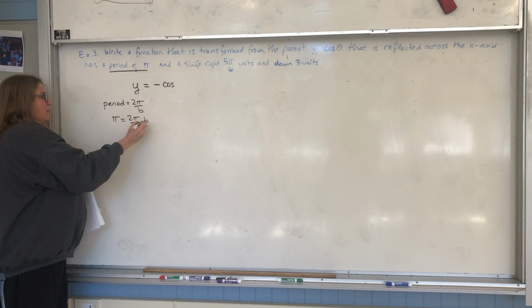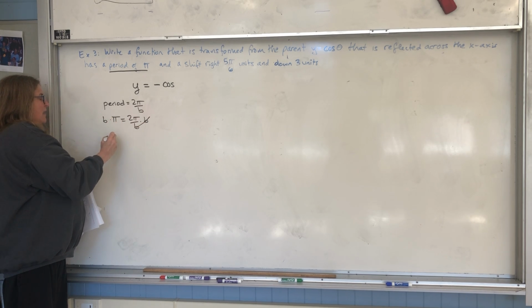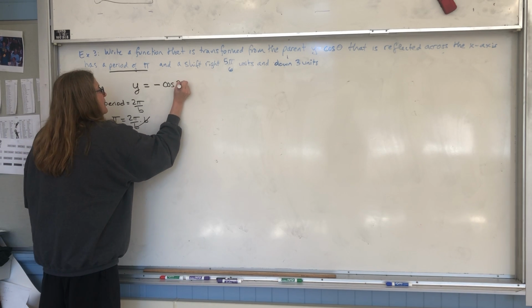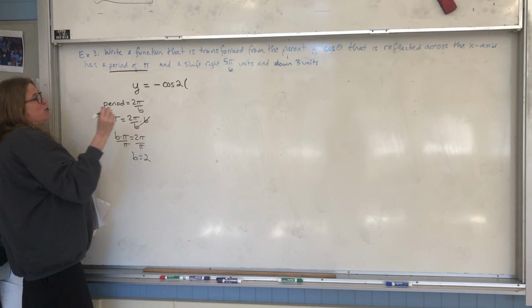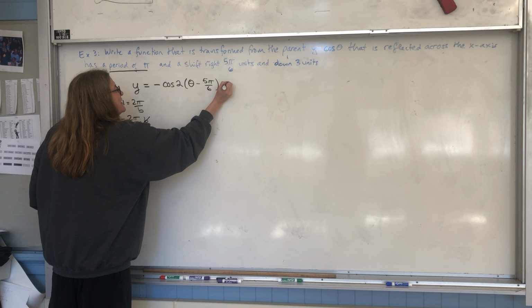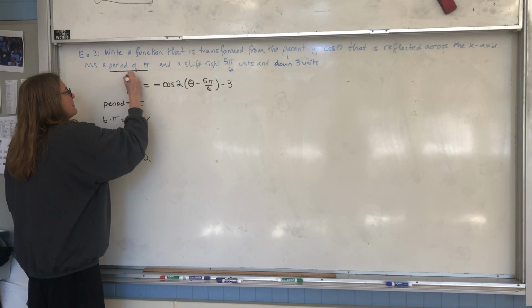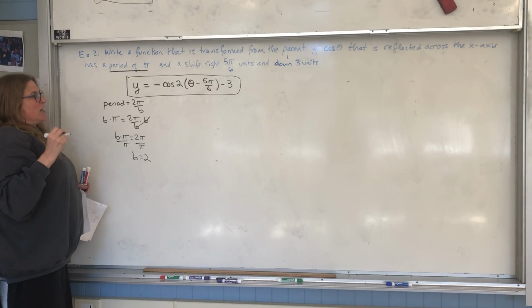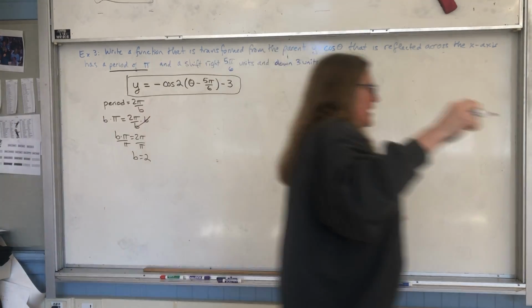Right? So if I multiply both sides by b, I get b times pi equals 2 pi. So if I divide by pi, what's 2 pi divided by pi? 2. So I have a 2 there. They tell me I have a shift right 5 pi over 6. So it's going to be minus 5 pi over 6, and then down 3 units. So that's where I'm at. Okay, guys, this is our last one. We got to move back over.